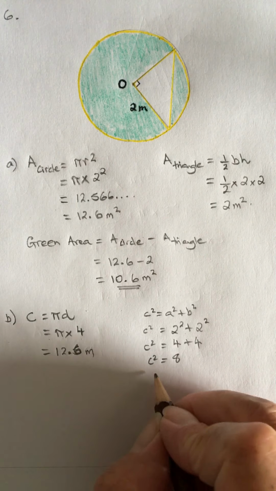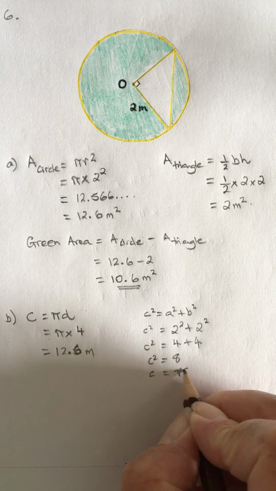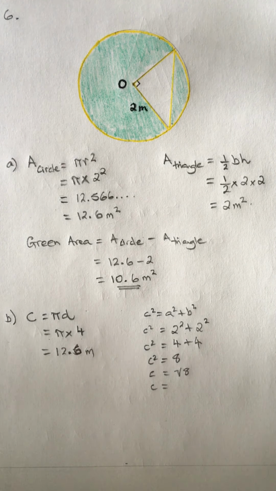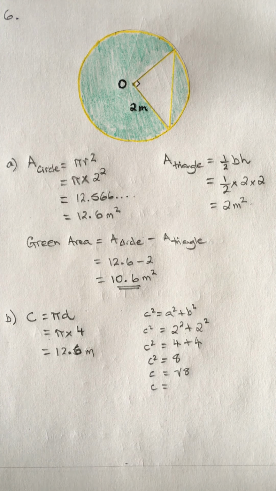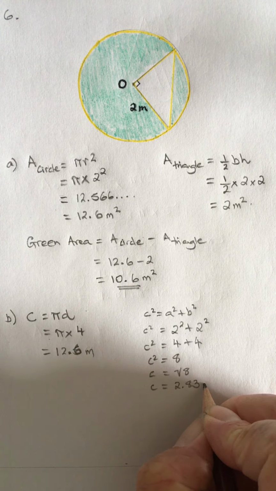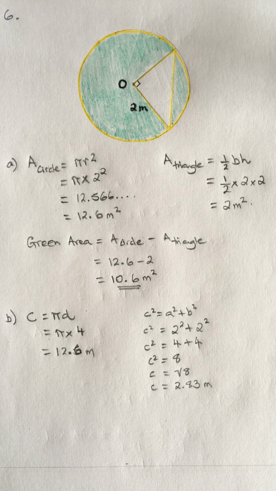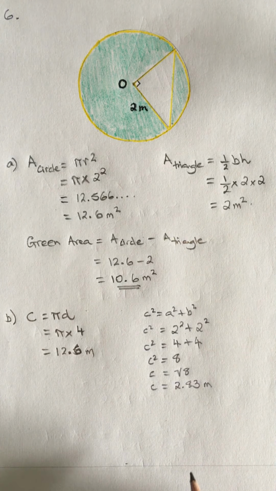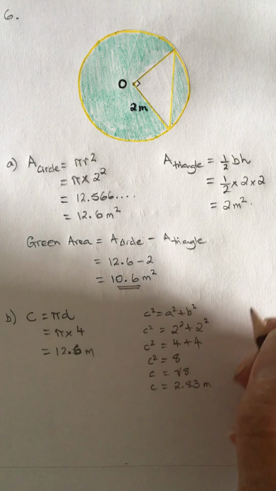So for the length of that side, we do the square root of 8, which I'll round to 2.83 metres.